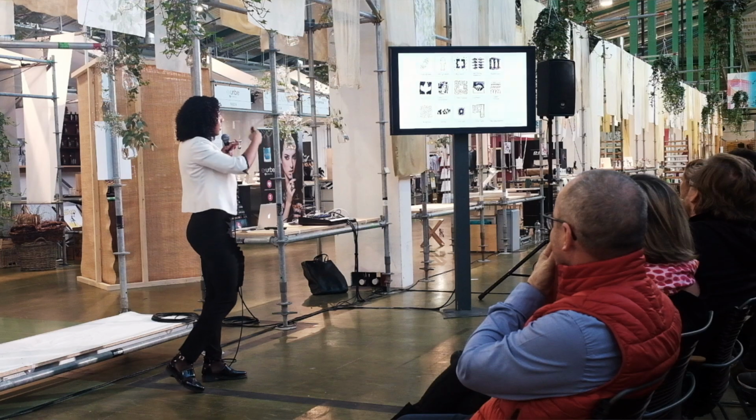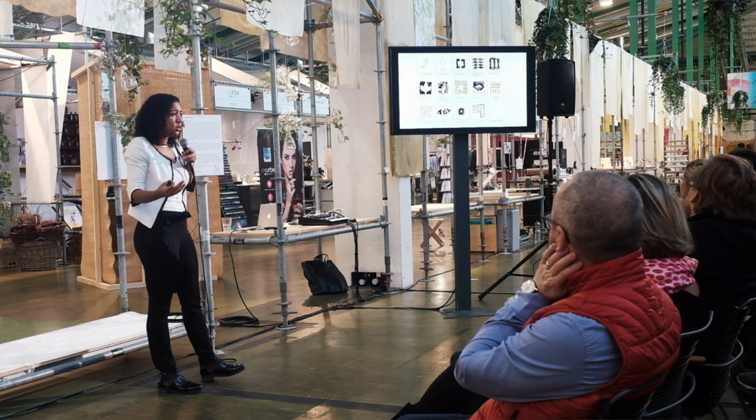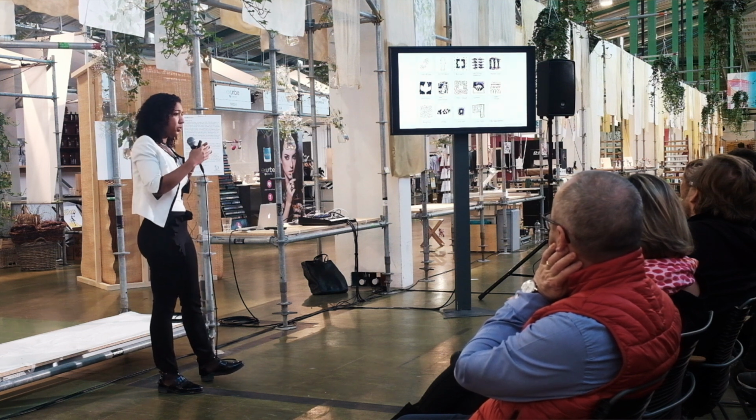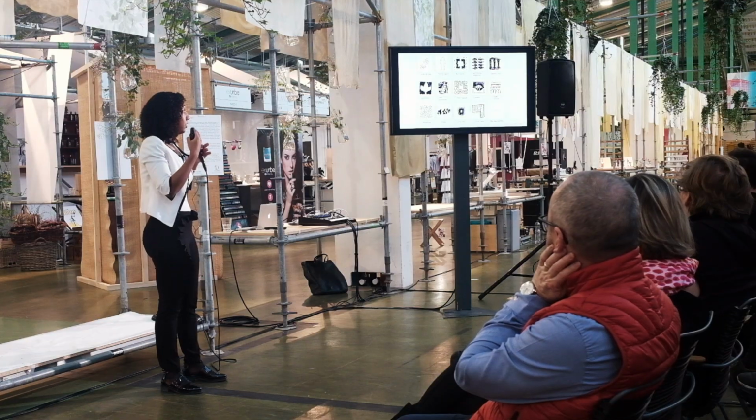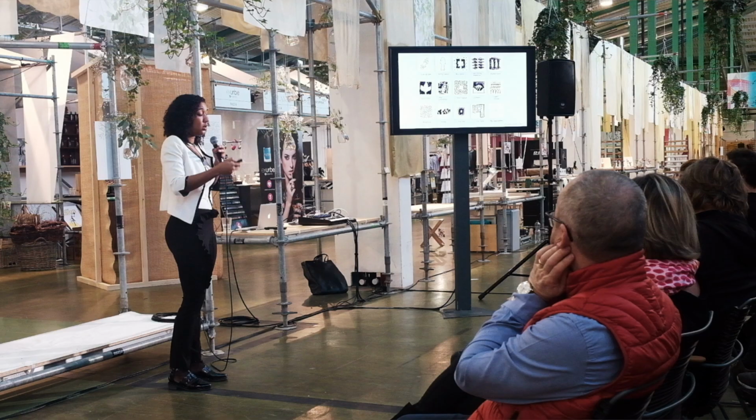So there are levels of scale, strong centers, boundaries, positive spaces, negative spaces, and all these things can be used to influence design, to influence space, to influence how we feel in these spaces. And it's very interesting because something that is smooth is always going to feel smooth. Something that is rough is always going to feel rough. So how can we use this to our advantage as taking these patterns as key solutions to solving other things?